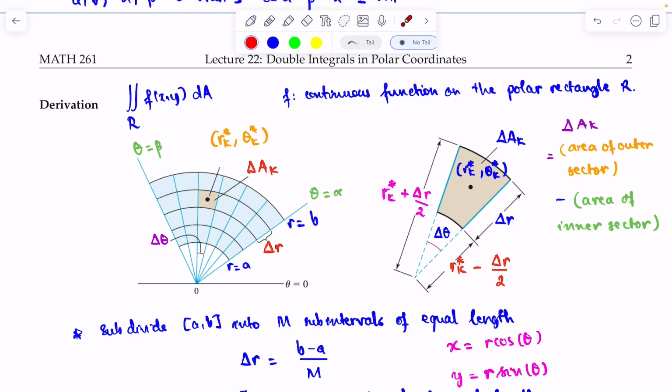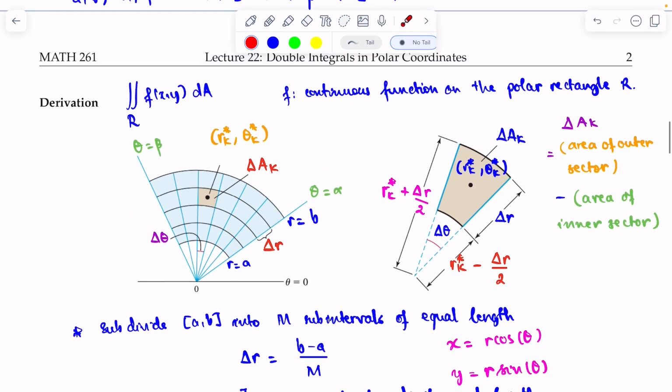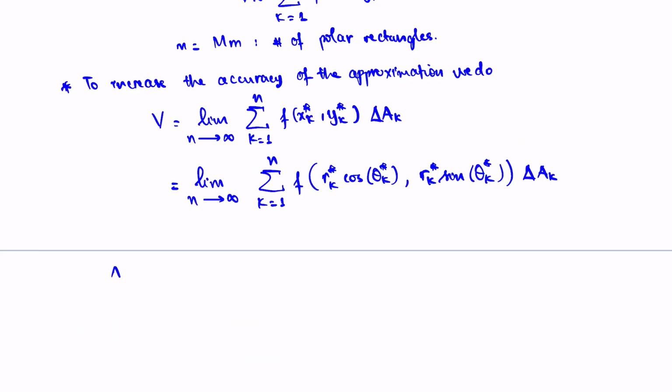Now, the area of the polar rectangle is the area of the outer sector minus the area of the inner sector, and the area of a sector is 1/2 r squared times theta. We plug that formula in. So delta A_k is equal to the area of the outer sector minus the area of the inner sector.